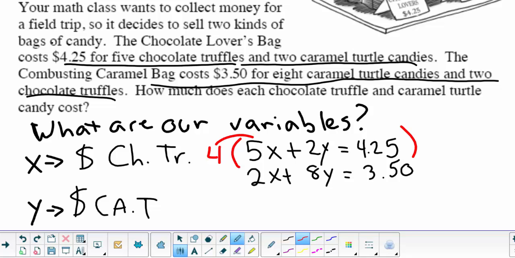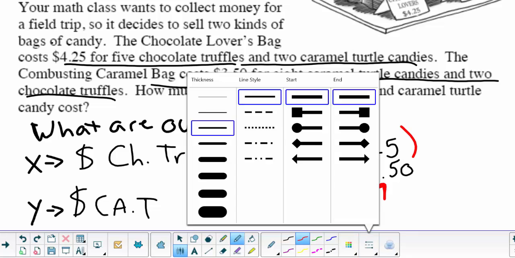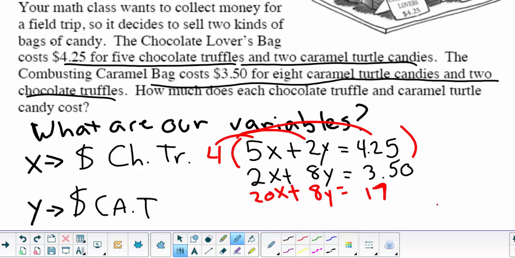I'm going to distribute this through. There we go. Let me fix the thickness of my pen. Now we're going to cross that one out and subtract these because this should help us find out what they cost.